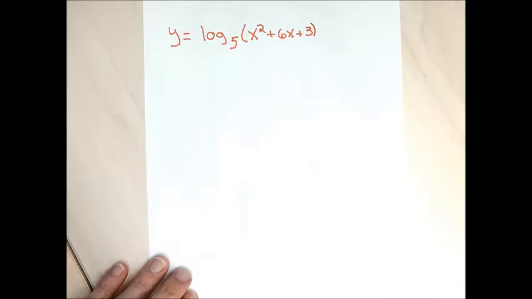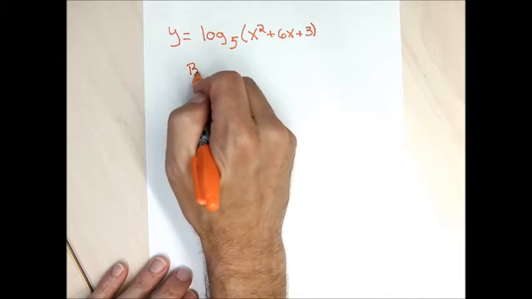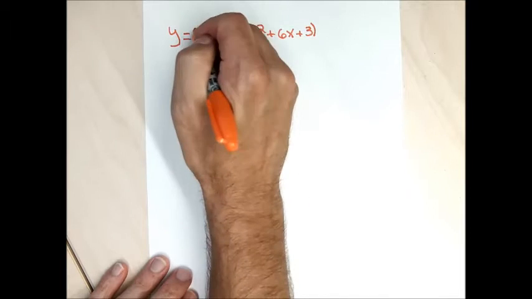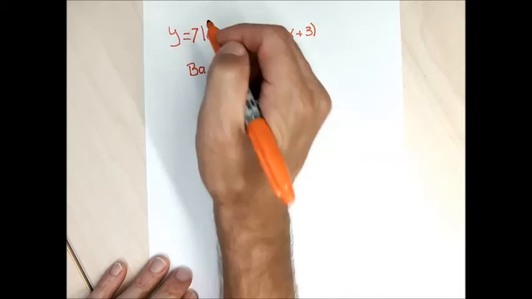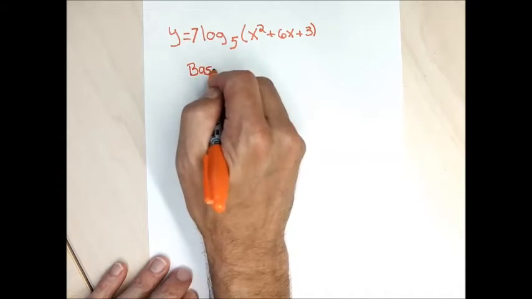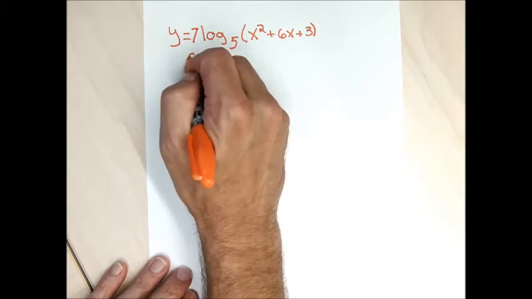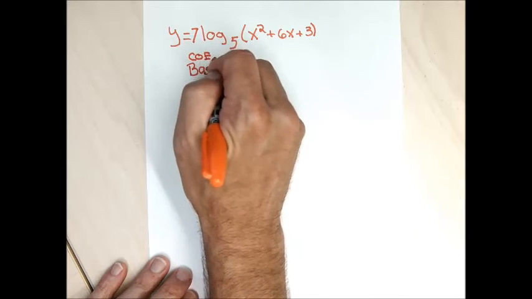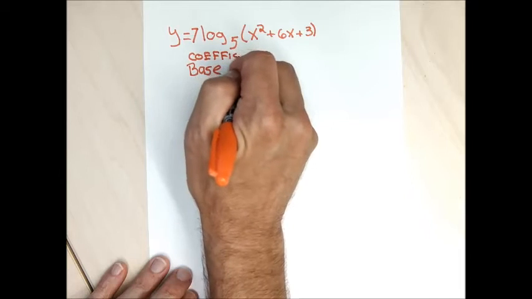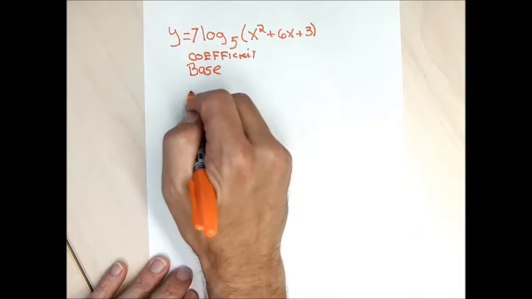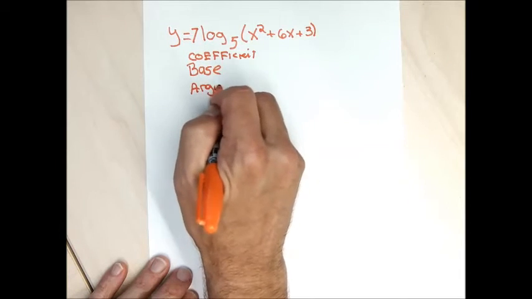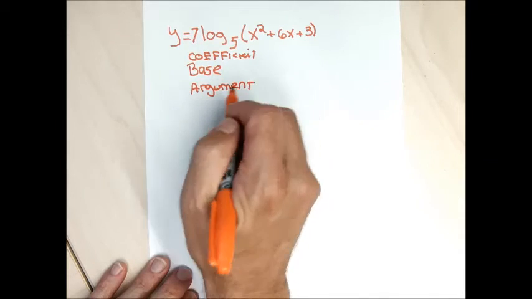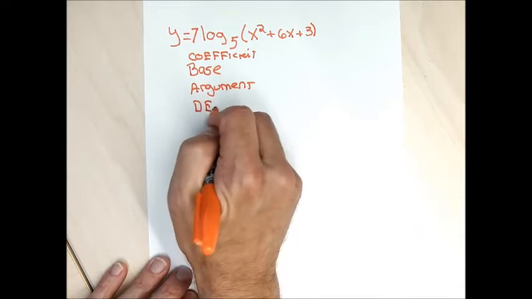To do the derivative of a logarithm, you have to be able to identify the base. Let me put a coefficient in front of it too. Let me do a 7 in front of there. I need to figure out the base, the coefficient, the argument, and the derivative of the argument.